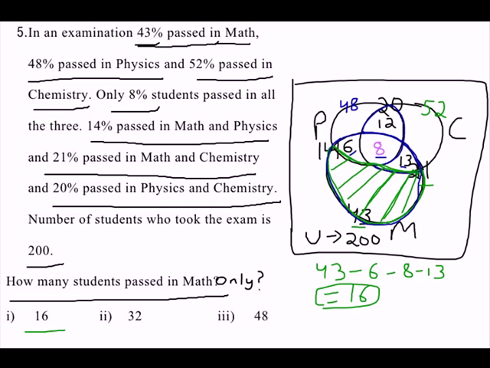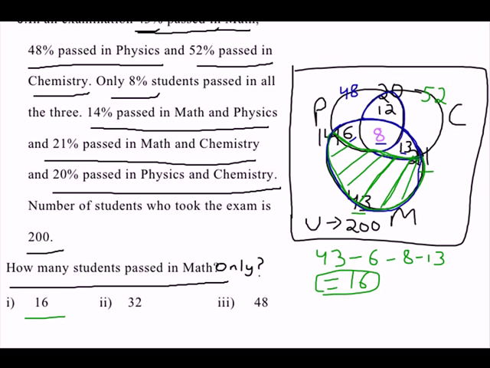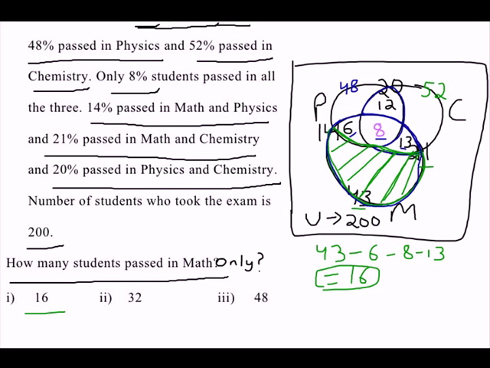Well, that's where the test tries to confuse you and get you into making silly errors, and thereby losing that 99 percentile. But anyways, if you're careful, you see that the number of students who took the exam is 200, and all this while we've been talking about percentages.